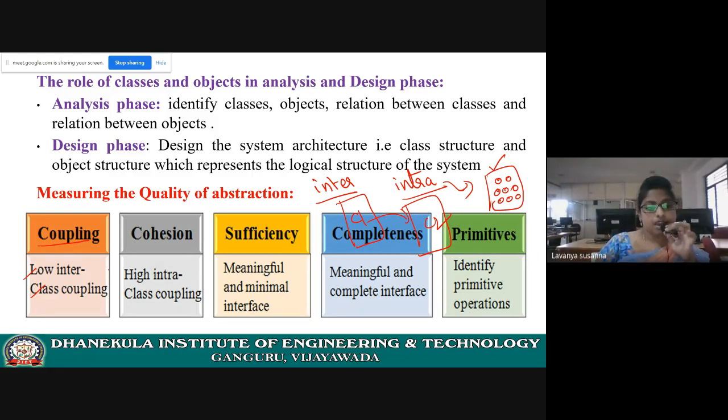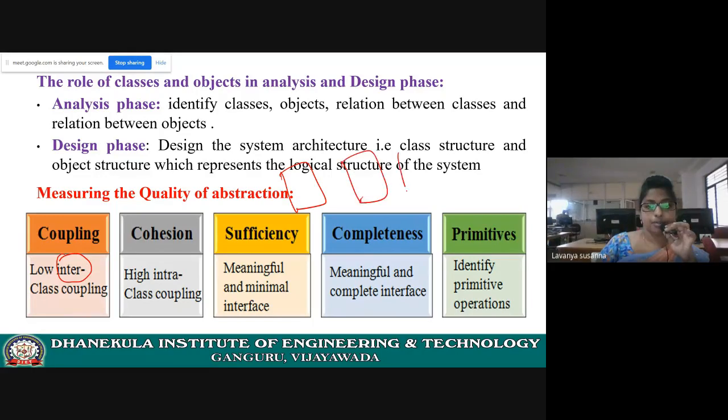Now see here how coupling must be there. There must be very low interclass coupling. Just now I have explained: inter means across the components. There will be many components, component 1, component 2, component 3, and so on.